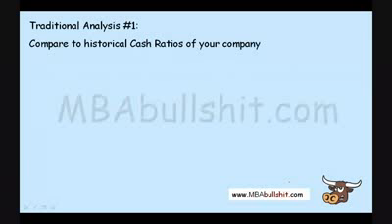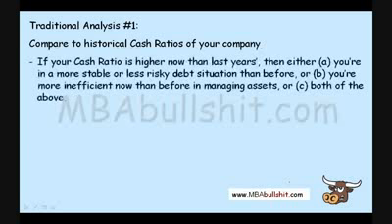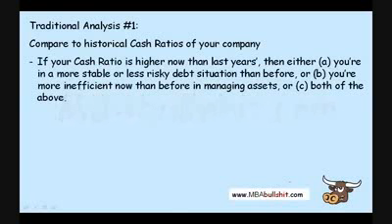All right. So what is the traditional analysis of the cash ratio? Well, first is you compare it to the historical cash ratios of the company. If the cash ratio is higher now than last year's, then either it is more stable or in a less risky debt situation than before, or it's more efficient now than before in managing assets or managing cash, or both of the above. Okay, when I say managing cash, that means that a company can operate properly even without much excess cash.